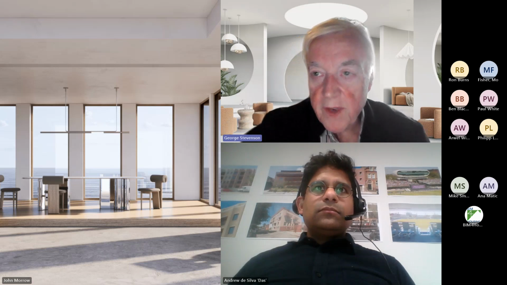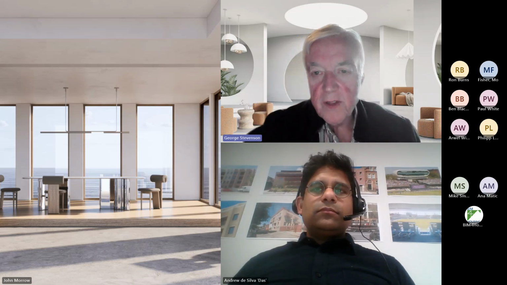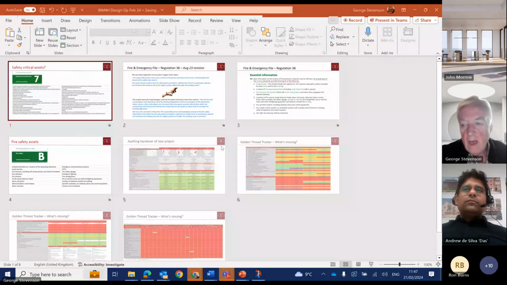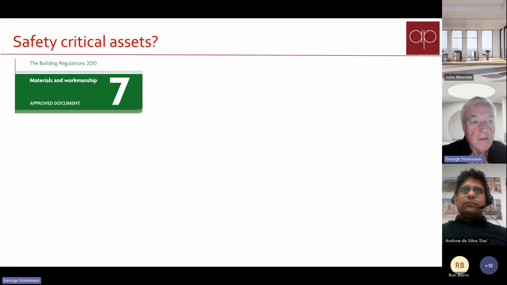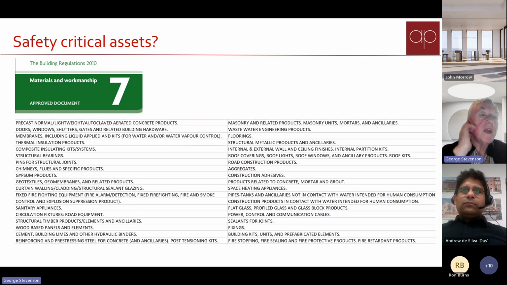One way of doing that was to look at things through the prism of Regulation 38 and also Regulation 7. These are things that we're told we need information on as far as safety critical assets.